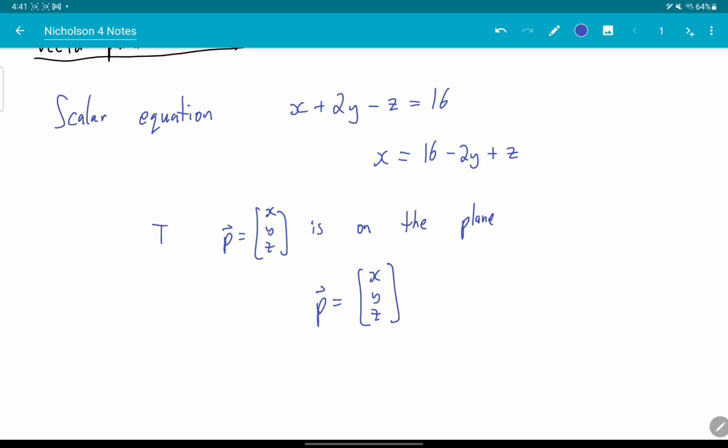We'll put a big if out here. If p is on the plane, then I can replace x with this expression here. And I'll leave y and z alone.